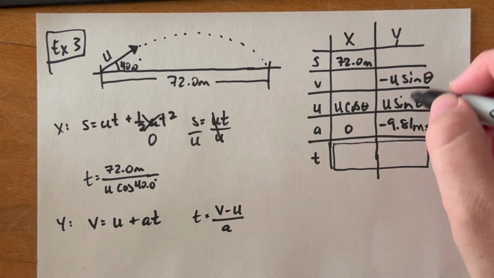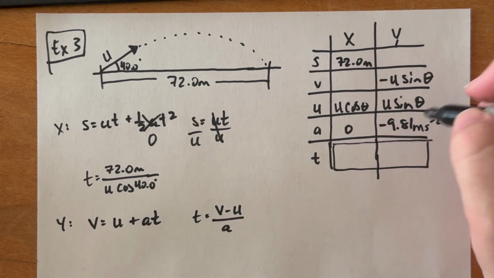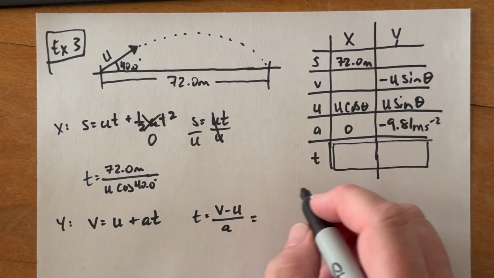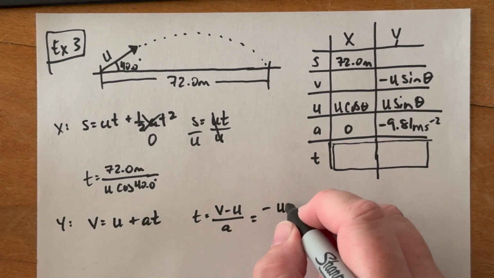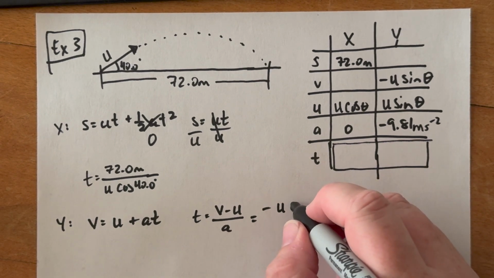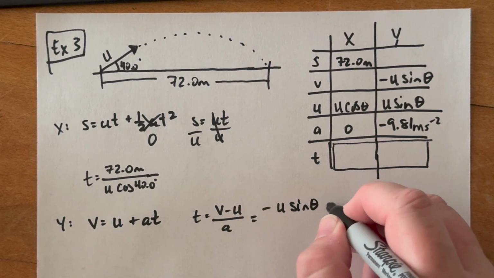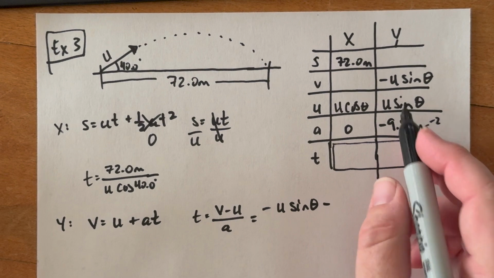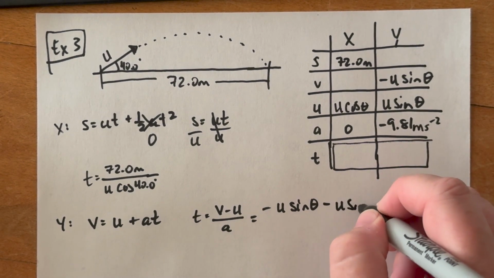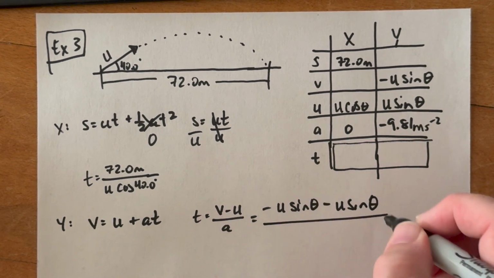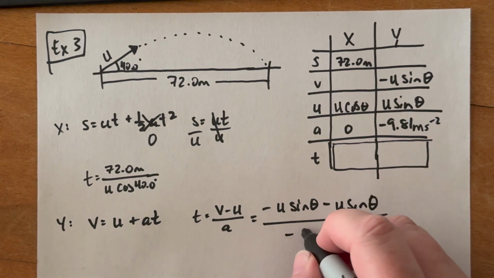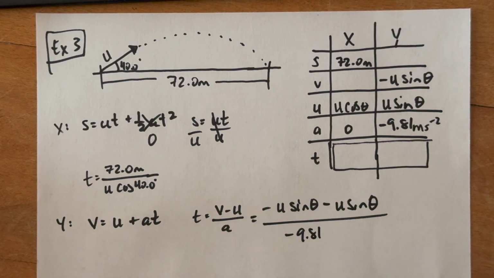And we have something to put in there for this. So we'll say our v is negative u sine theta. We're going to take away our u, which is u sine theta, and then we'll divide by negative 9.81 meters per second squared.